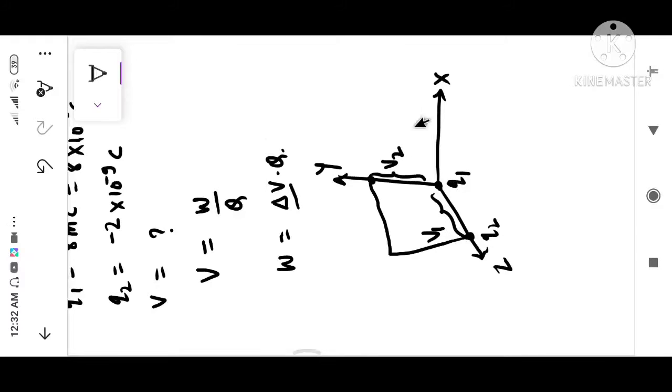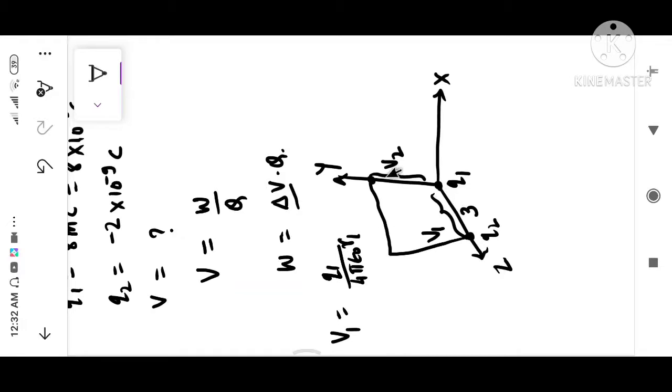So let's calculate V1. V1 initially it was at 3, so V1 is equal to Q1 upon 4 pi epsilon naught R1, where R1 is 3 here.